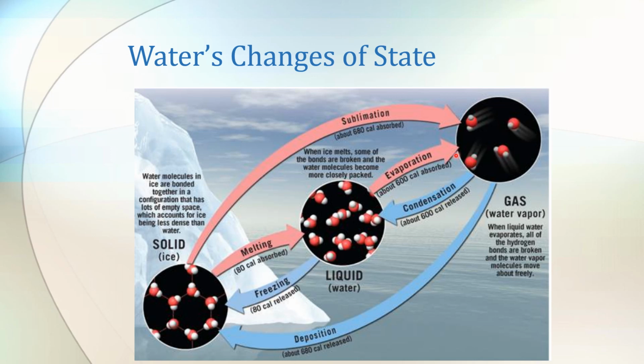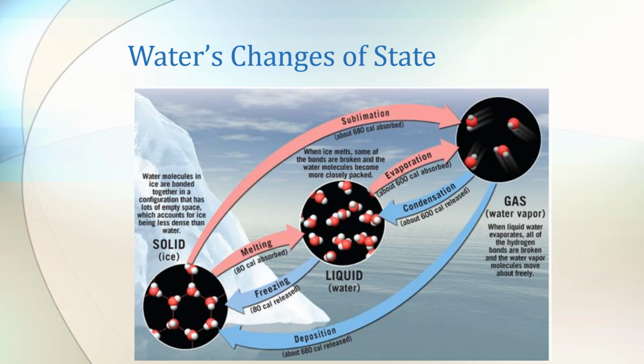You can see the label: about 680 calories absorbed for sublimation and 680 calories released for deposition. That is because the change of state of water involves an exchange of energy.